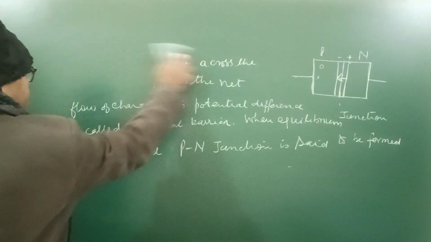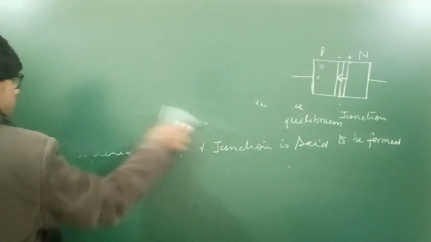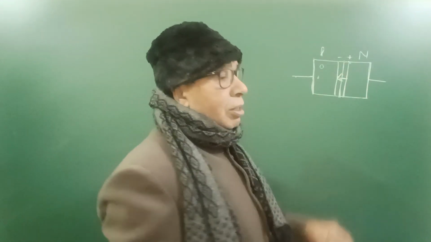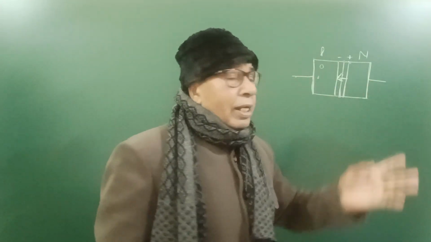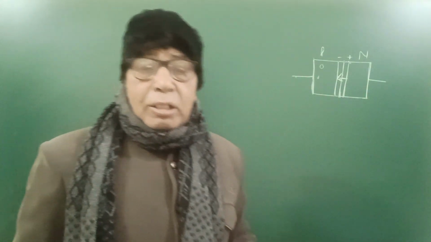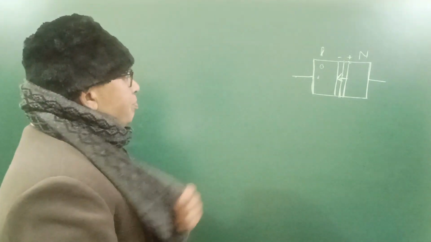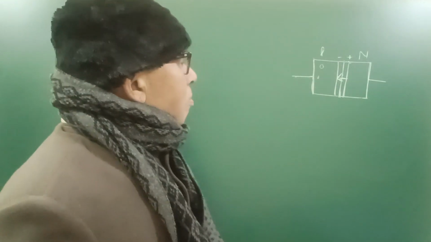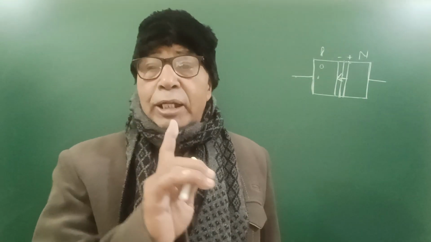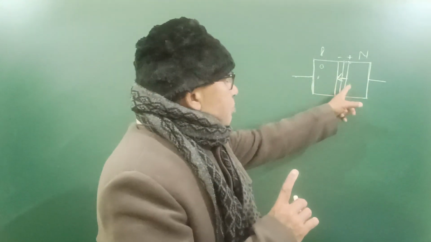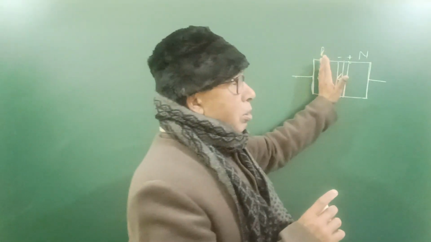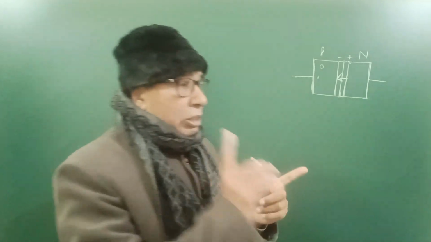Due to majority charge carriers, diffusion starts, and net positive charge starts developing across the junction, which creates a potential difference and hence an electric field. That electric field is called the junction field, and the junction field drifts minority charge carriers, while diffusion current is because of concentration difference.